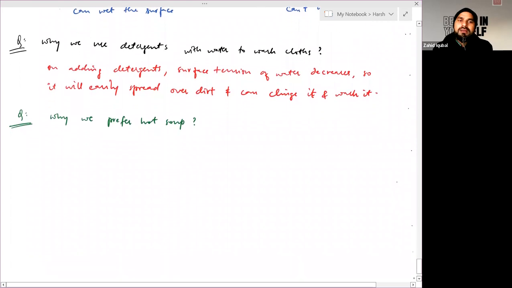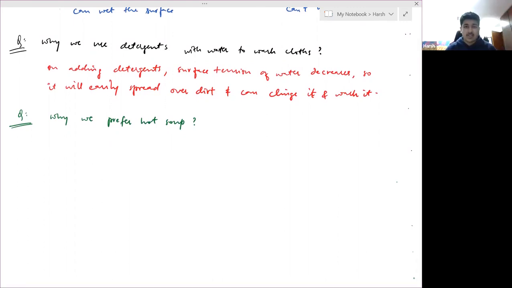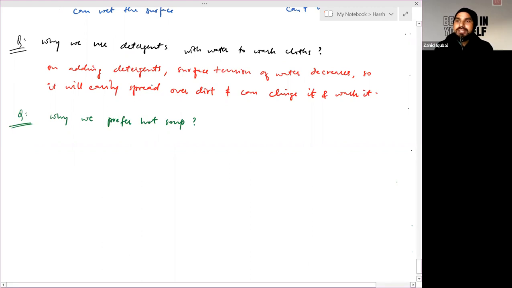So hot soup will have higher temperature, and the higher the temperature, surface tension decreases. Since our tongue consists of taste buds at different positions, if the soup has the ability to spread easily over the entire tongue, it encounters each different taste bud and feels much better in taste. That's why we prefer hot soup instead of cold one.